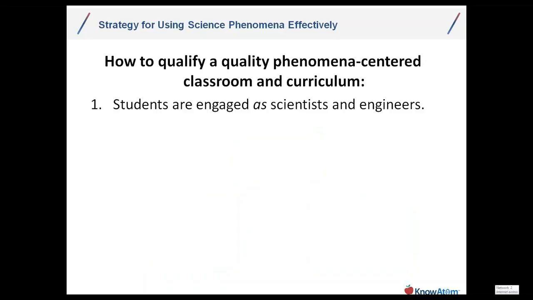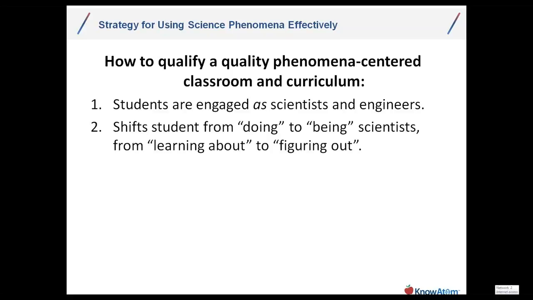So how to qualify a quality phenomena-centered classroom and curriculum starts with really asking yourself, are students engaged as scientists and engineers? Key to that is shifting the student from doing science to actually being scientists. It's one of the hidden truths: traditional classrooms will say, well, we're doing science, and that's probably true, doing it by rote.